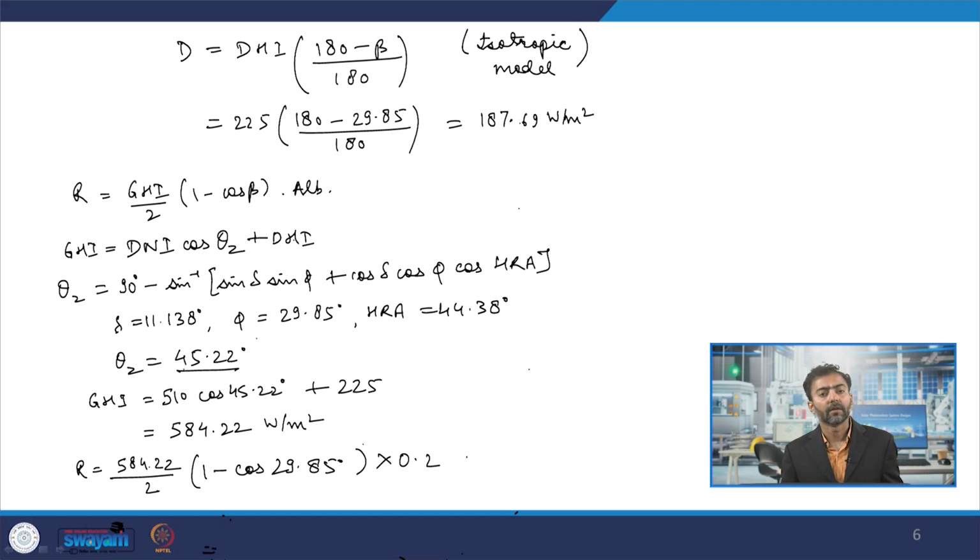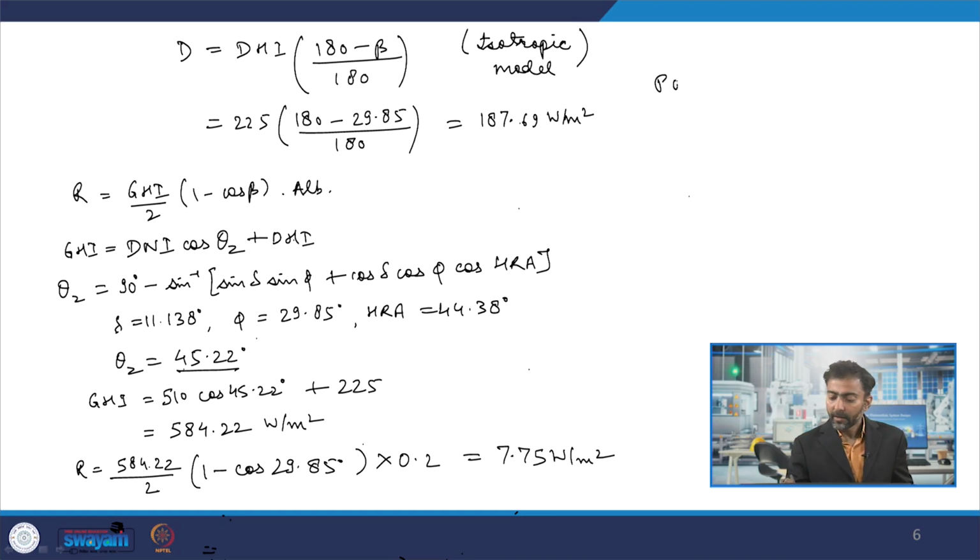But as we discussed in the previous class, if a particular type of ground surface is given, then depending upon the ground surface, the albedo value can be different. However, if no other thing is mentioned, like in this example, there is no mention of what type of ground surface is there, then we have this default assumption of albedo being 0.2. And with this value, what we get is this R is only 7.75 watt per meter square.